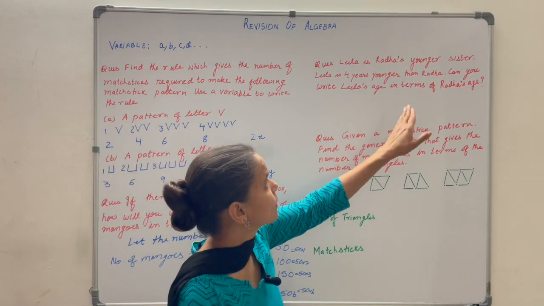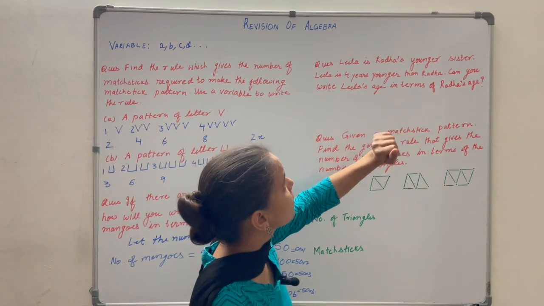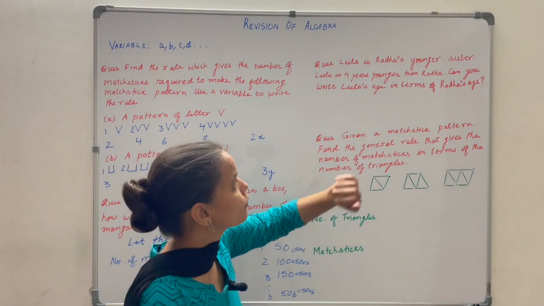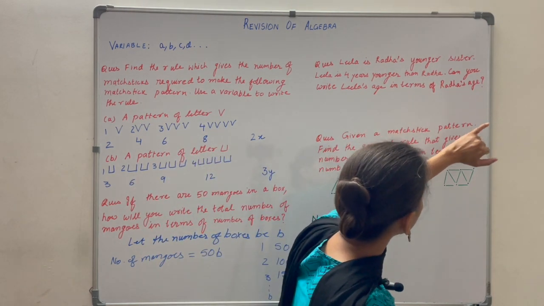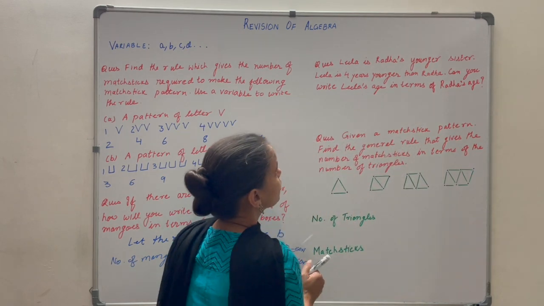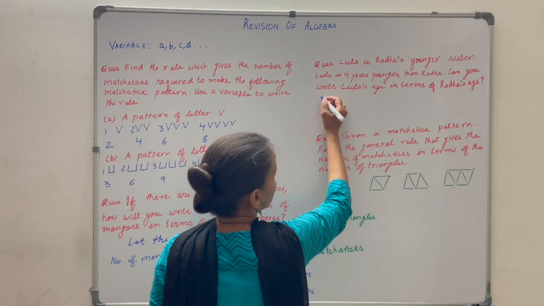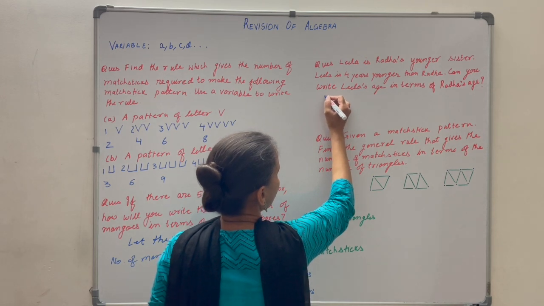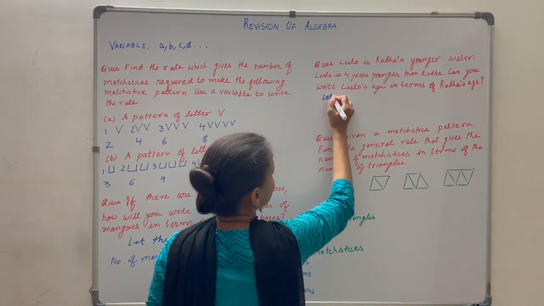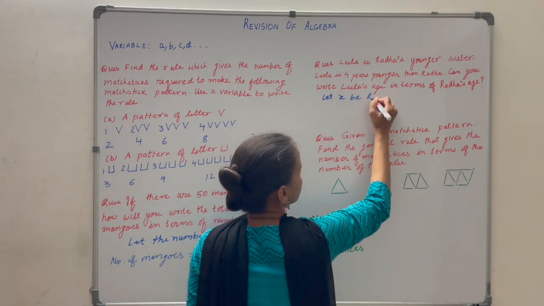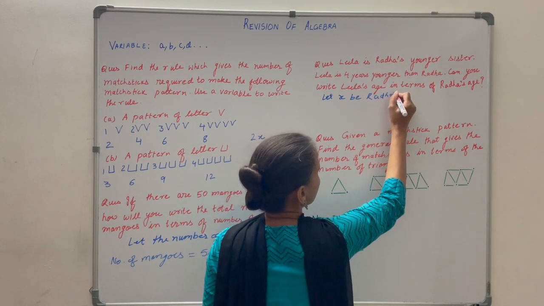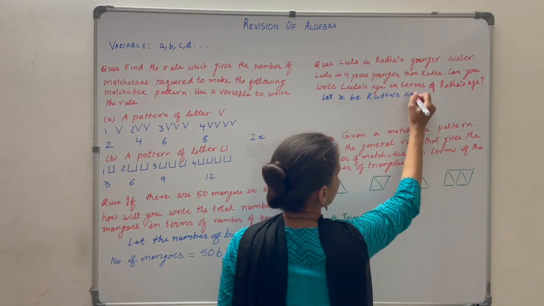Similarly here, Leela is Radha's younger sister. We have to write Leela's age in terms of Radha's age. So you can choose Radha's age to be X. Let X be Radha's age.